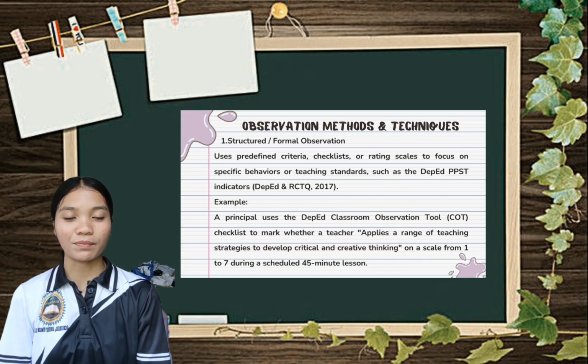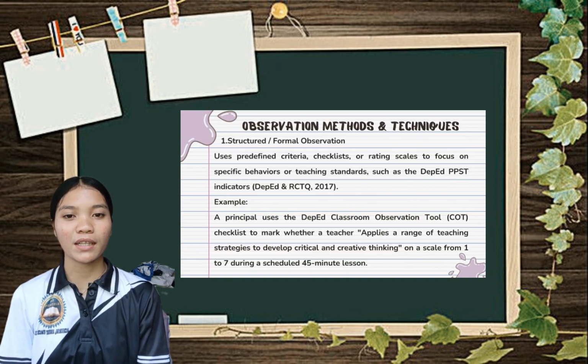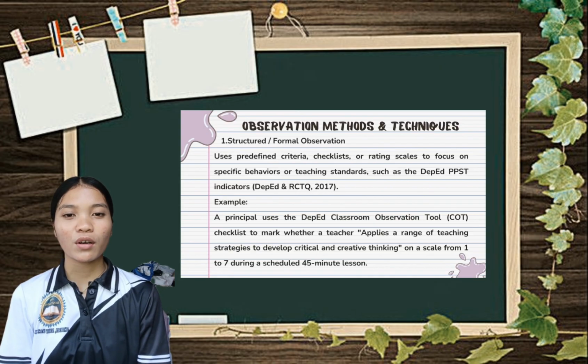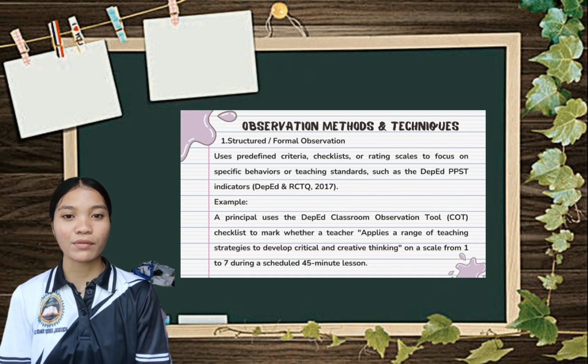For example, a principal may observe a teacher during a scheduled 45-minute lesson and use the COT to check specific teaching practices. The observer does not simply write general comments such as, "The teacher was good." Instead, the observer follows specific indicators and records evidence based on those standards.